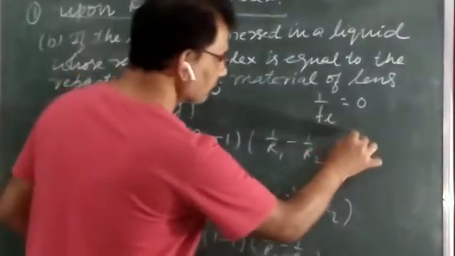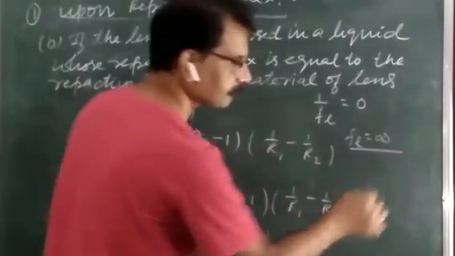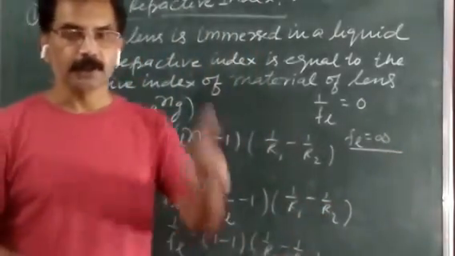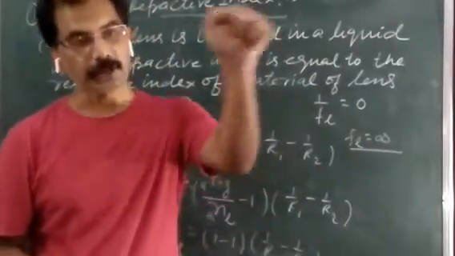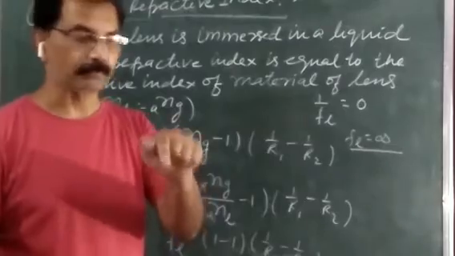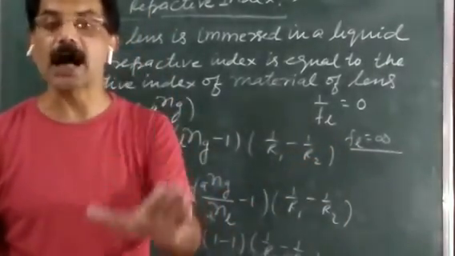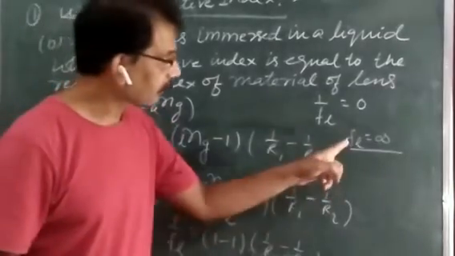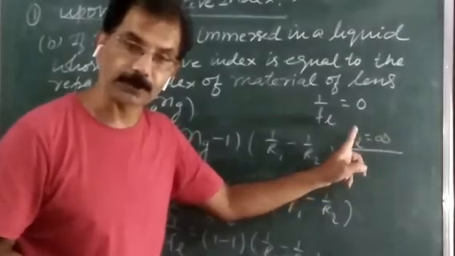And 1 upon FL equal to 0 means focal length becomes what here? Infinite. It means in this case, if the lens is immersed in a liquid whose refractive index is equal to refractive index of material of lens, then inside the liquid the lens behaves like a transparent glass plate and its focal length becomes infinite. Be careful about this one here.